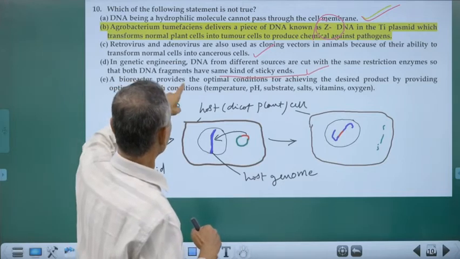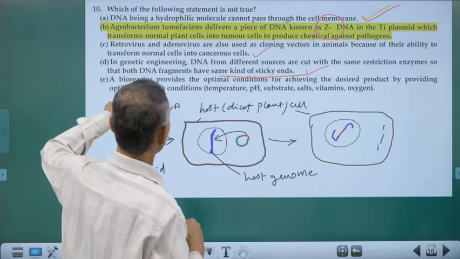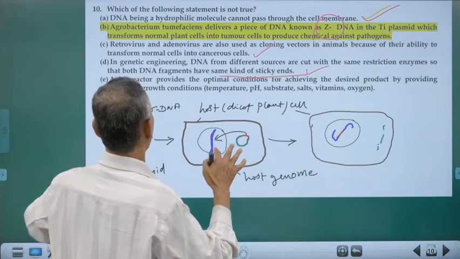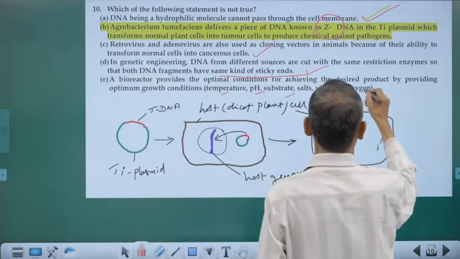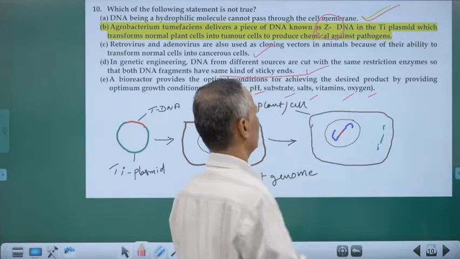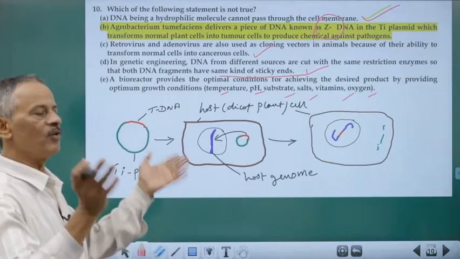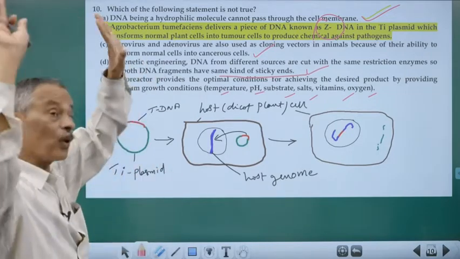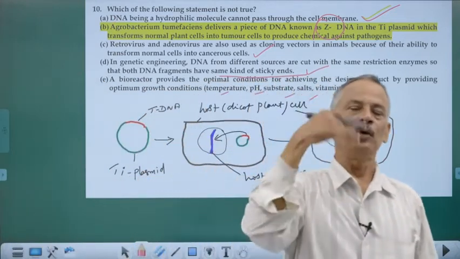A bioreactor provides optimal condition for achieving the desired product, correct? That is why we are providing all the conditions favorable: temperature, pH, substrates, salts, vitamins, oxygen, etc., providing optimal growth conditions so that the whole cell will multiply in an exponential way. So without any break, they will be going on multiplying.